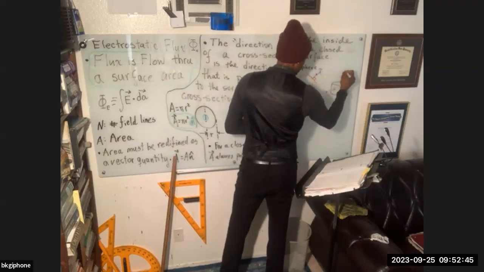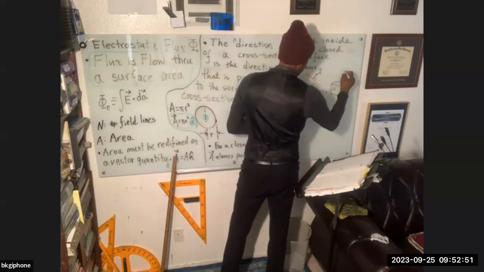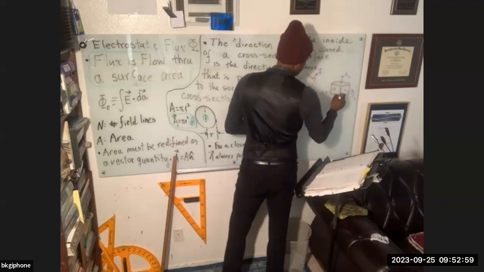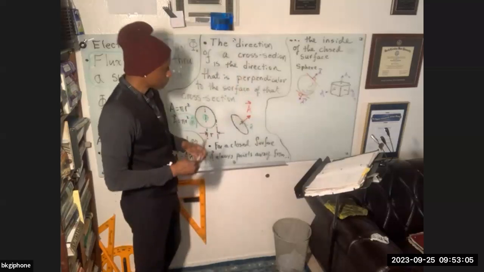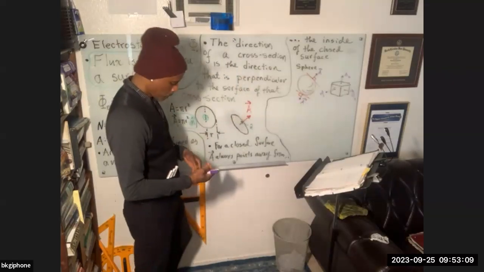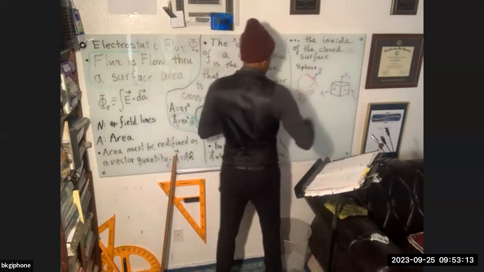And I can denote, maybe these are different sides, A1, A2, in general, A3, and so on and so forth. Let's say a rectangular figure here.